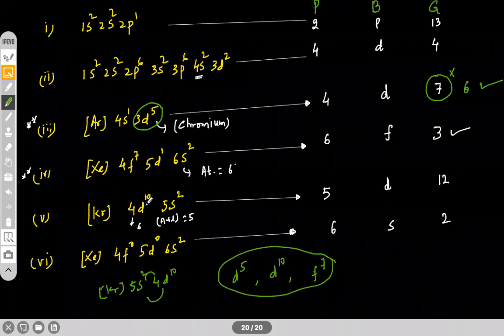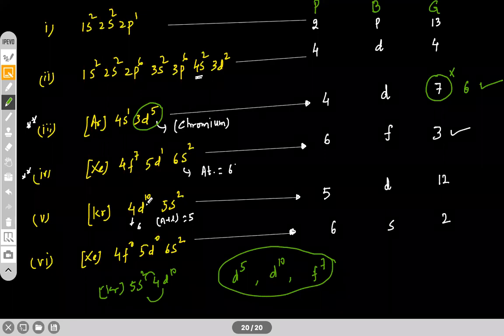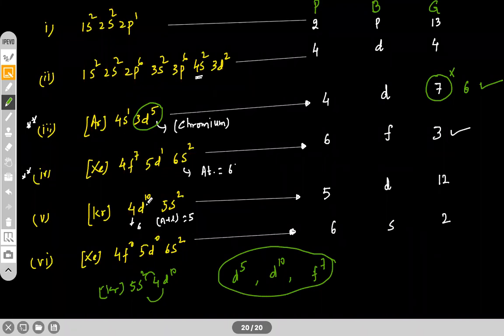No, in the configuration, it is not, that's what I'm telling you, Shraddha. If they ask you in the exam, write down the electronic configuration, you have to follow the order, right? But since it is not for electronic configuration, I have just rearranged it here and there to make you confused. You understood this? So it does not mean that 5s is written in the last, hence the electron goes into 5s orbital first.